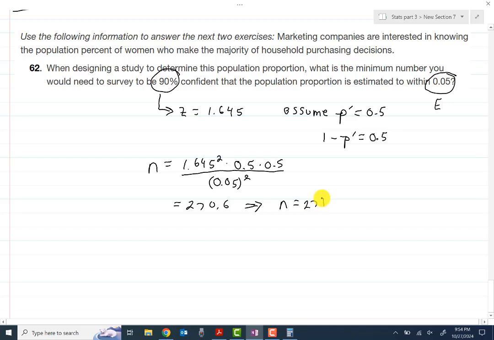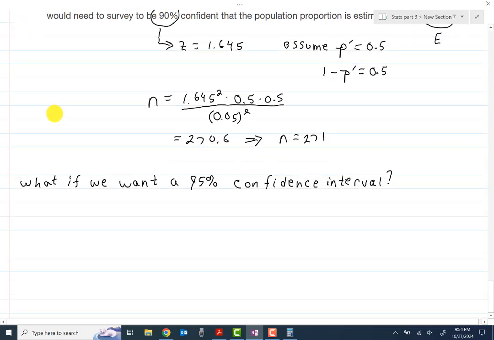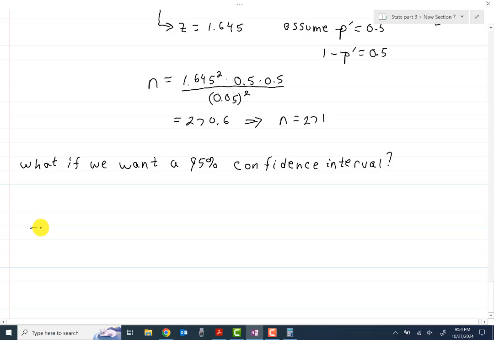Let's change a few things. What if we want a 95% confidence interval? So in this situation then, we have it like this.